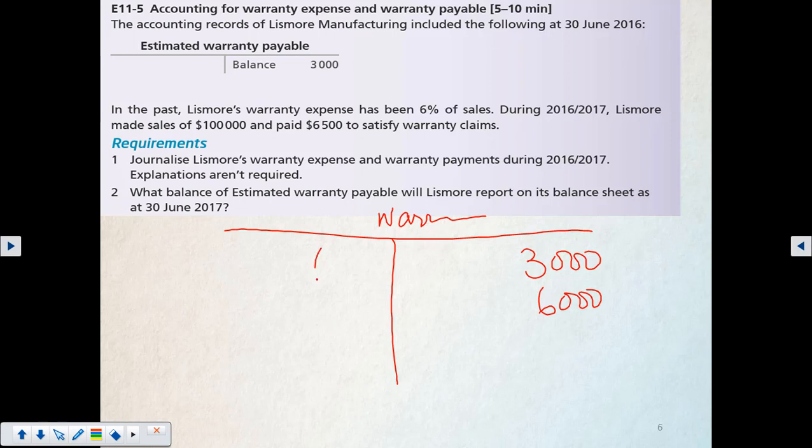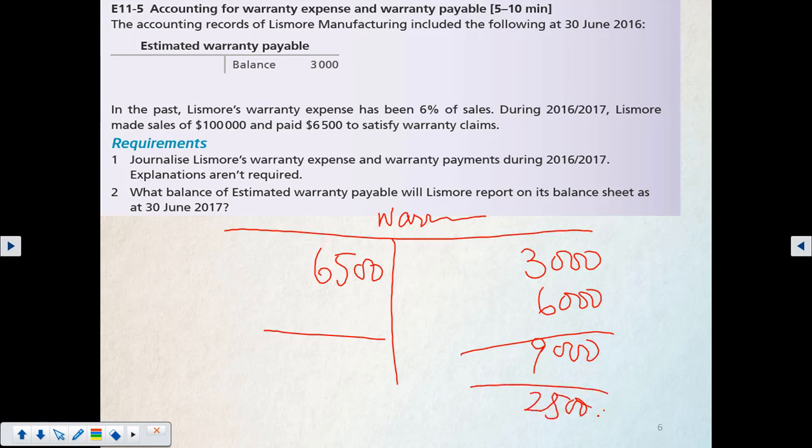So if I do the T account, it's going to be 9,000 minus 6,500, which is how much? $2,500. You made a mistake of only 2,000. You said 500, it's another 2,000. So 2,500.